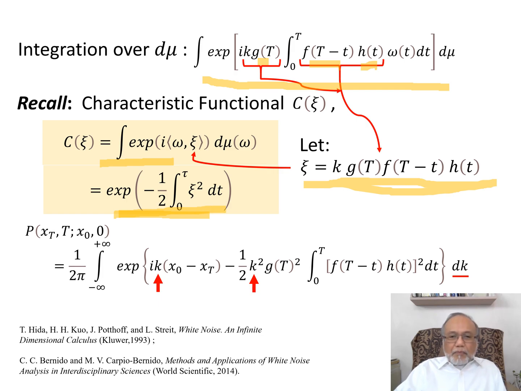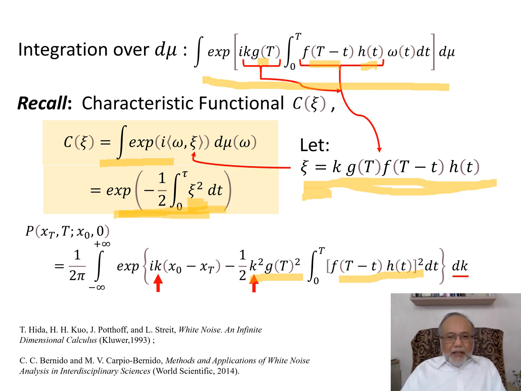So if you plug in the psi, your answer is just the integral of c squared, and your probability density function can now be written in this manner. The integration over d mu gives you a c squared, but c squared is actually k squared, so we have this k squared, g squared, f and h squared, because that's the square of this c.